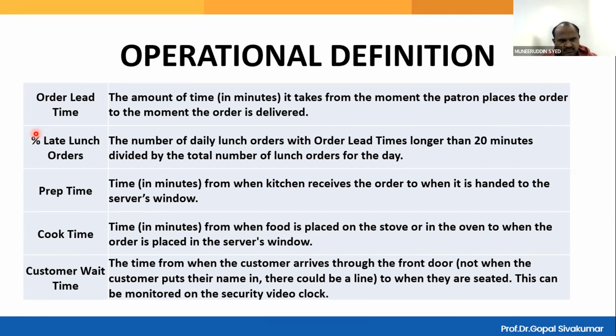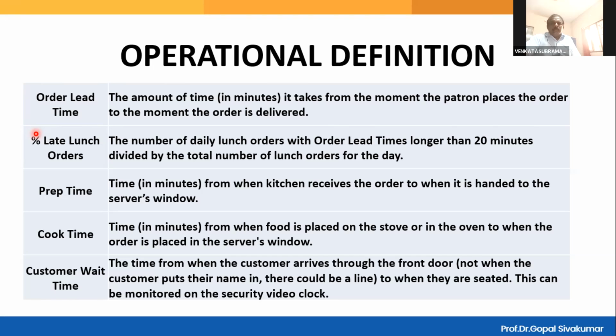You can see the operational definition of various CTQs here. These are all related to a restaurant, process related to restaurant. Can you see that, all of you? Yes, sir. Can somebody tell me what is the definition of customer waiting time according to the definition given here?